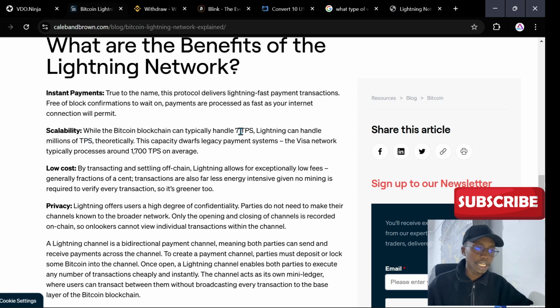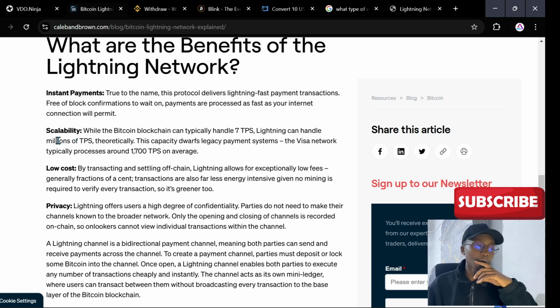The Bitcoin blockchain typically handles 7 transactions per second, while the Lightning Network can handle millions of transactions per second, theoretically. This capacity dwarfs legacy payment systems such as the Visa network, which typically processes 1700 transactions per second on average.